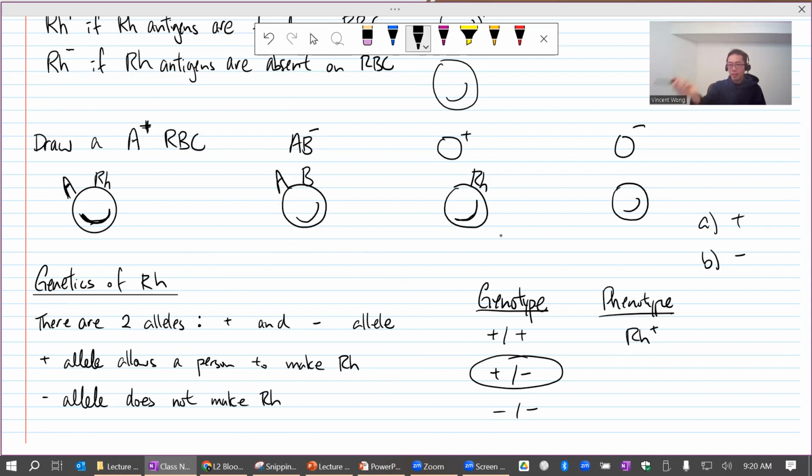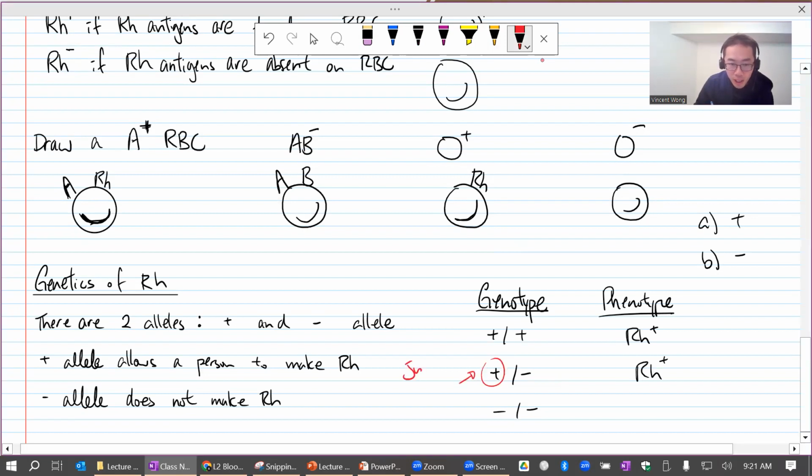So this is back to the cookie cutter analogy, right? You can have 2 cookie cutters, but you actually only need 1 to make the cookie, right? So if one of them is positive, then the person is also going to be positive. Okay, here, I'll put a star here. Just 1 copy of the gene is enough to make Rh. All right.